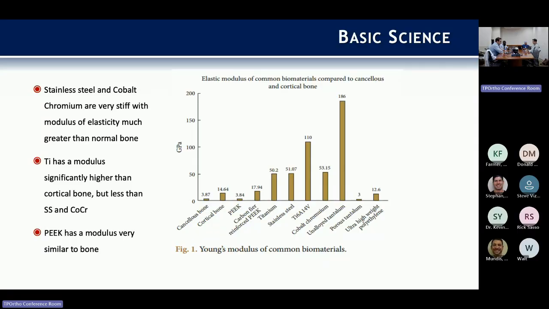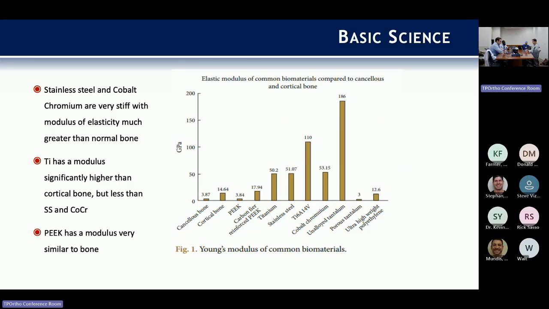So this graph illustrates where different common biomaterials fall. Most notably, cortical and cancellous bone are on the lower end of the stress-strain curve here, while titanium and PEEK fall closer to the modulus of bone, which improves the in vivo compatibility and reduces the stress shielding, which commonly occurs when there's a modulus mismatch in the body.